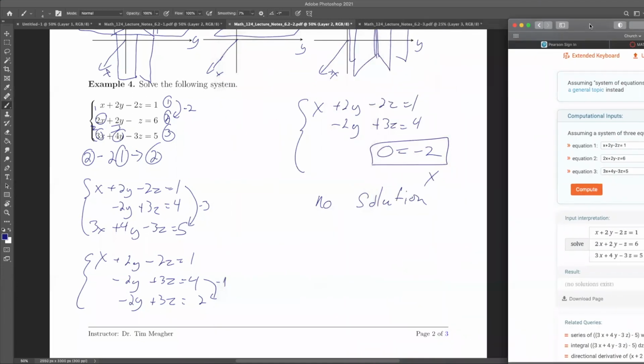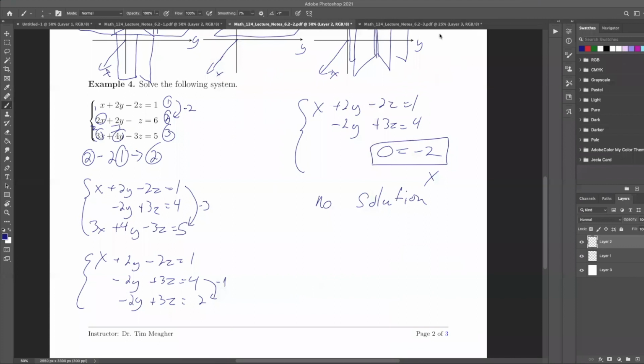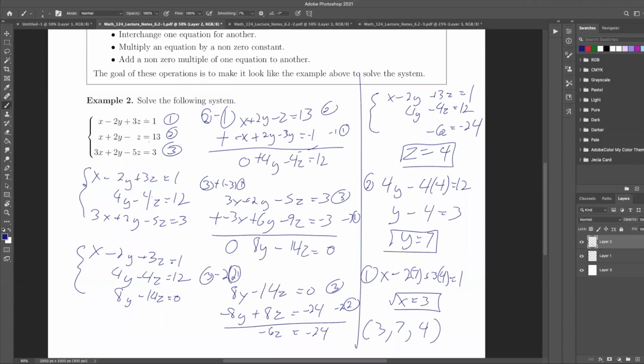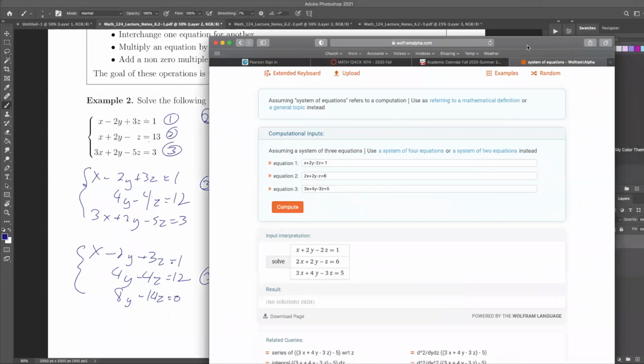All right, so let's solve this one. Let's go back to the first one and type that one in real quick, just so you can see one that works out normally.